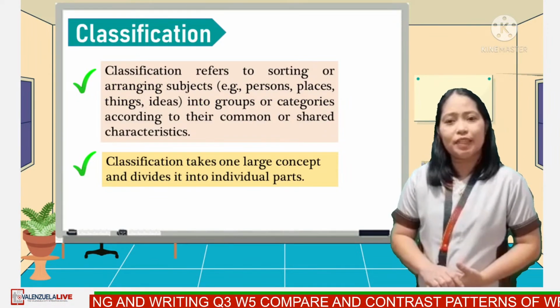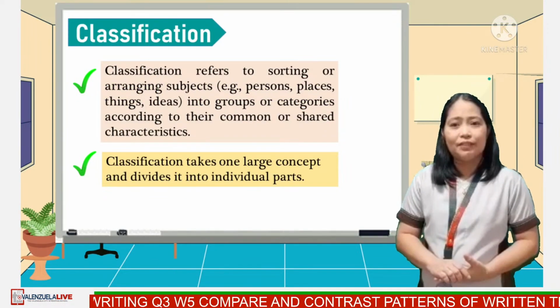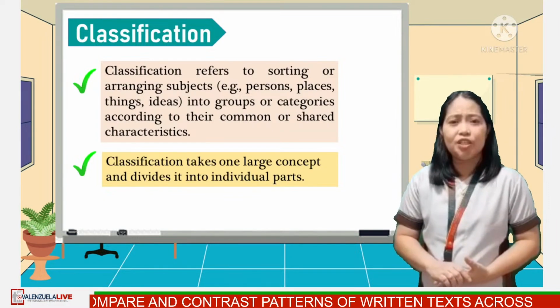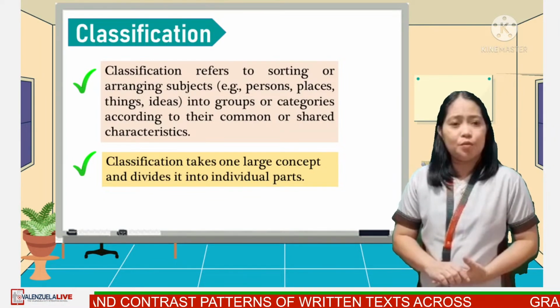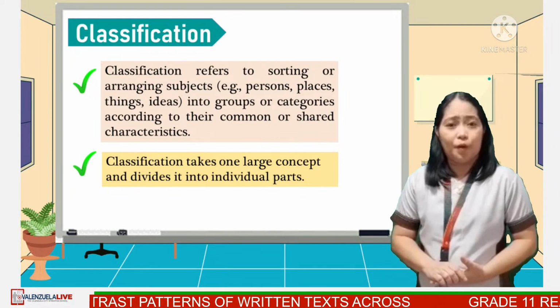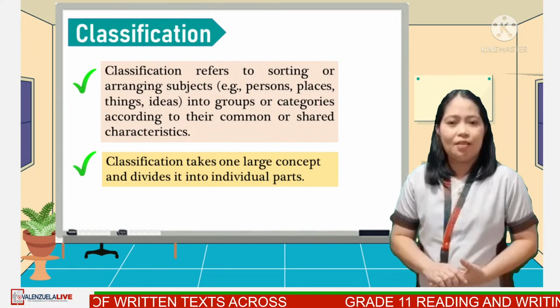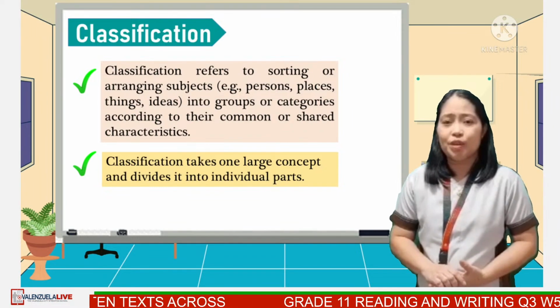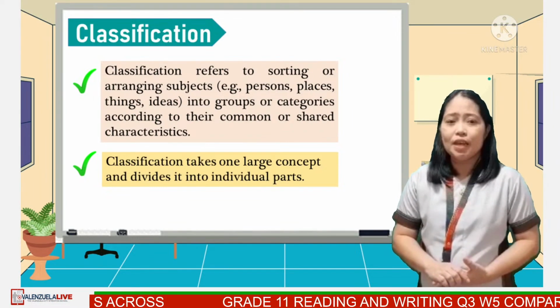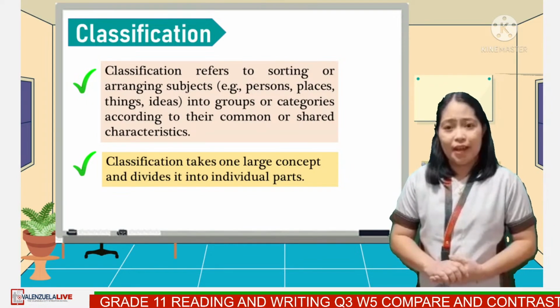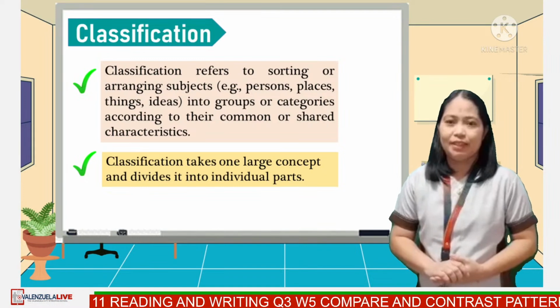Moving on to the next pattern, we have classification. It refers to sorting or arranging subjects into groups or categories according to their common and shared characteristics. This pattern allows you to either divide a topic into its parts or to categorize a group of related items or events.